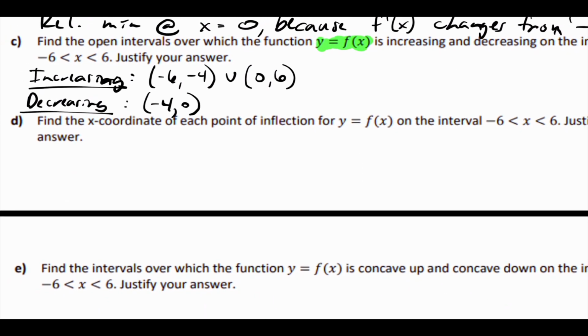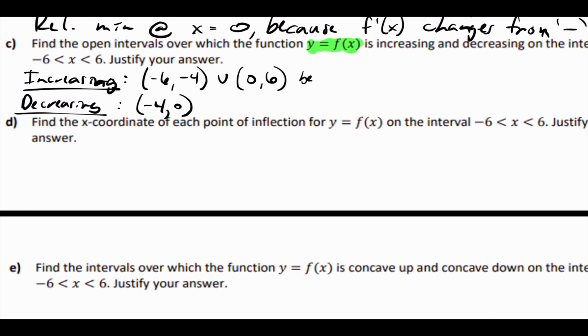We need to justify now. So how did we know that -6 to -4 was increasing? How did we know that 0 to 6 was also increasing? Positive y values, right?